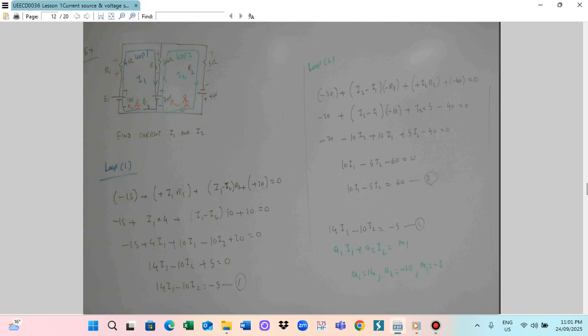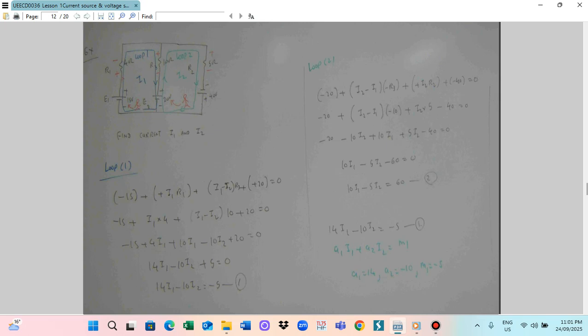You substitute, so there will be 14 I1 minus 10 I2 plus 5 equal to 0. So 14 I1 minus 10 I2 equal to minus 5. So this is equation 1.